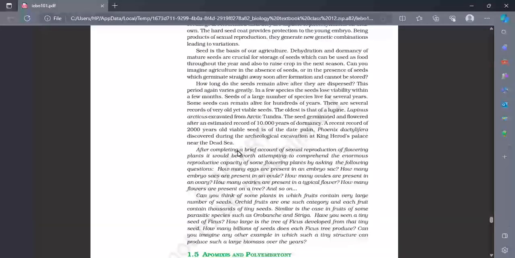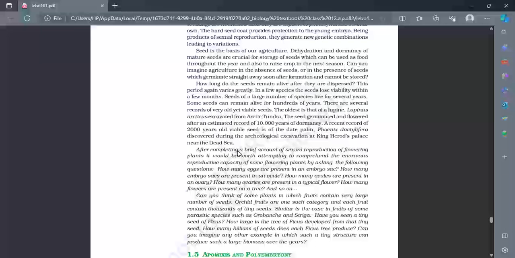This seed germinated and flowered also. When it received the favorable condition, it germinated and flowered, after a record 10,000 years of dormancy. So the plants have this technique of preserving the seed, because seed is their next generation.